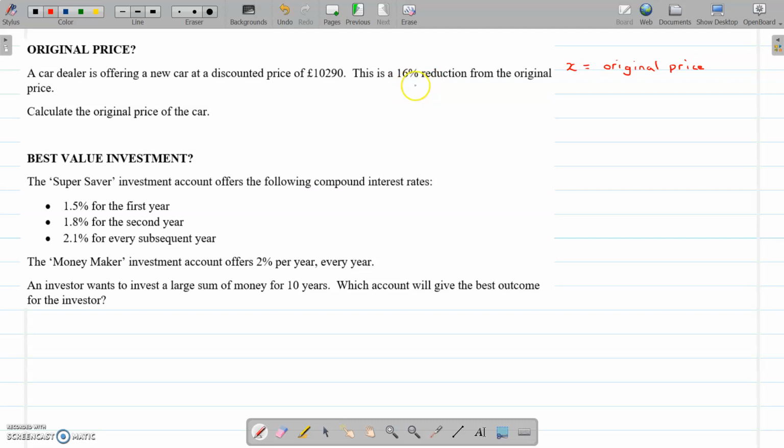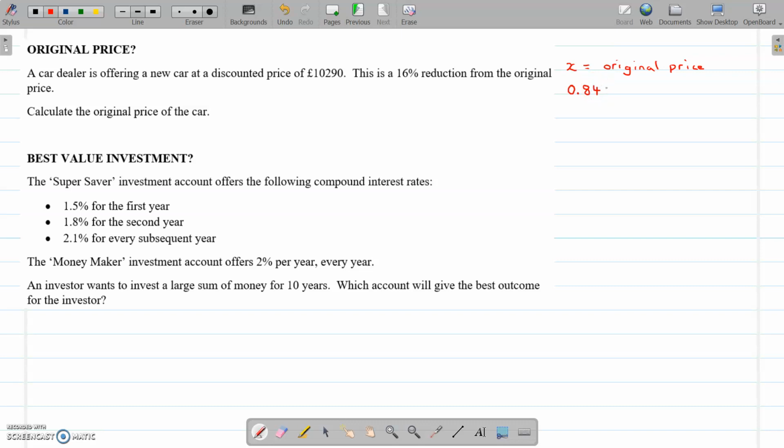I get that just by subtracting 16 from 100. So what I can say for sure is that 84% of X is equal to the price given there, 10,290.